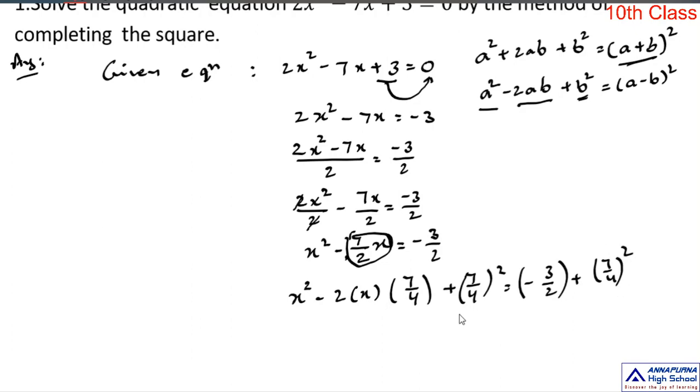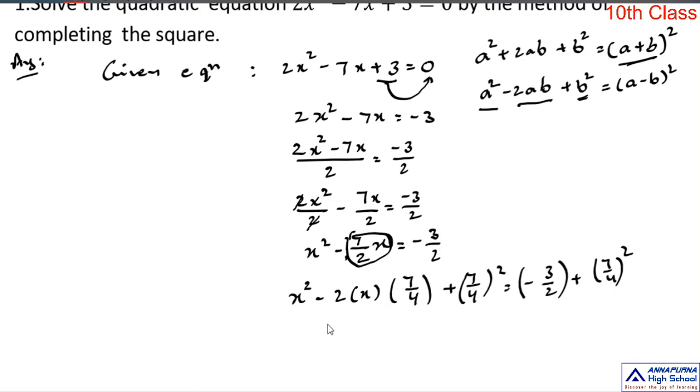Now observe the left side part of this equation. Now it has completely changed to a square minus 2ab plus b square, which is equal to a minus b whole square.